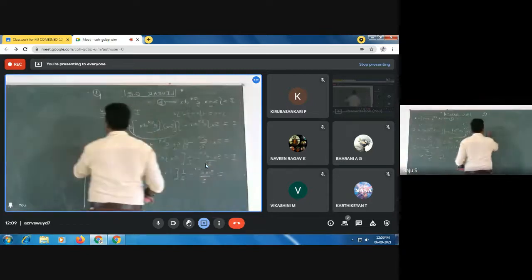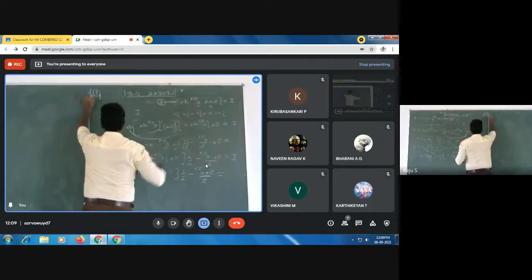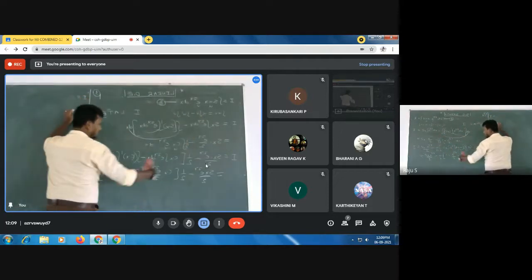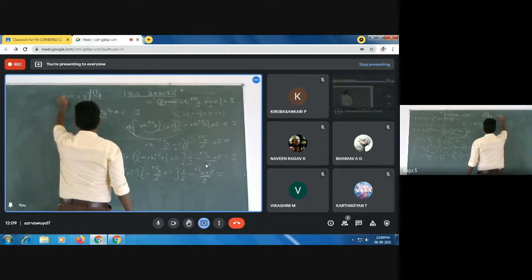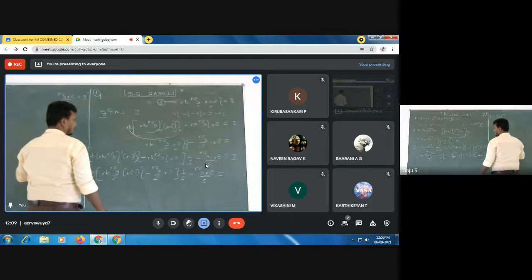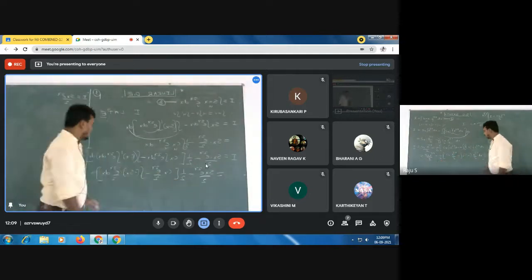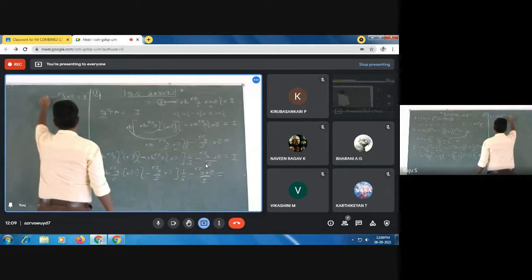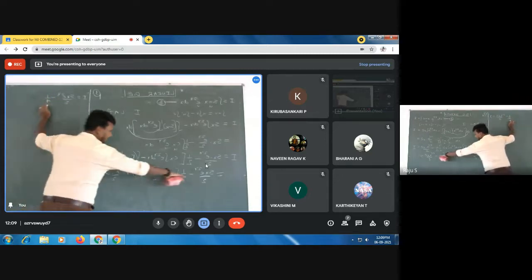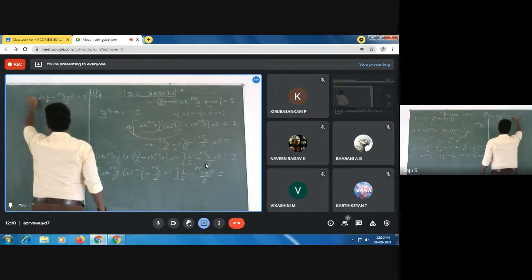But see here, what is the LHS value? Left side, I is equal to x e power 2x by 2. Okay, I want to multiply with minus 1 by 2. Minus 1 by 2 means minus 1 by 4, into 2, minus 1 by 4 cos x e power 2x.